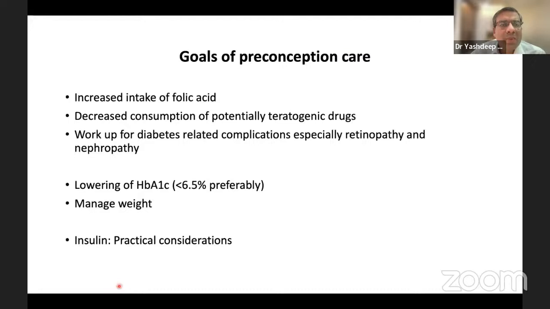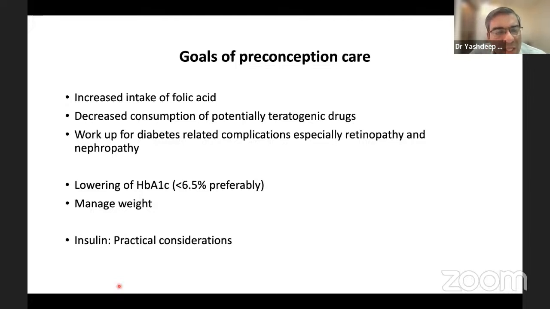So what are the goals of preconception care? One purpose is to increase the intake of folic acid, because if the woman is not on folic acid, the chances of congenital malformation increase. Then the woman could potentially be on teratogenic drugs like ACE inhibitors or angiotensin receptor blockers for diabetic nephropathy. Such drugs, if ongoing, have to be stopped.